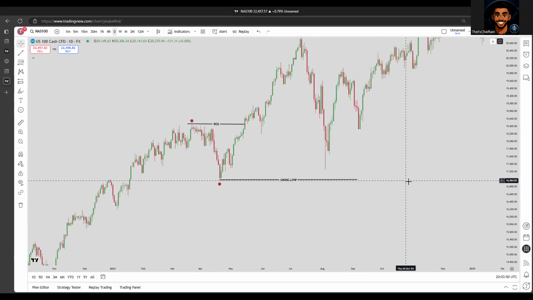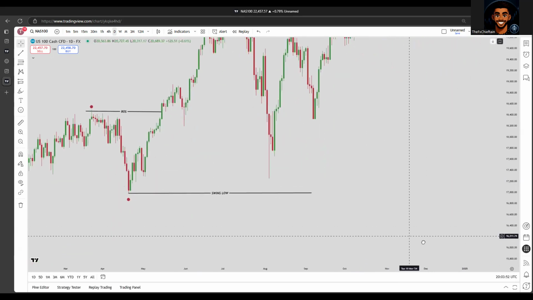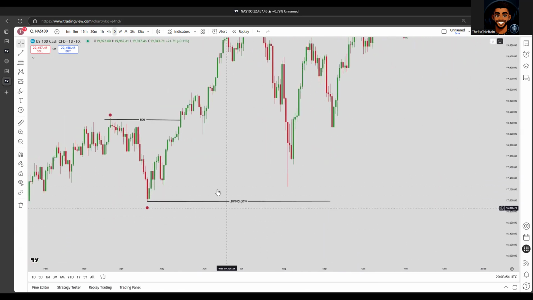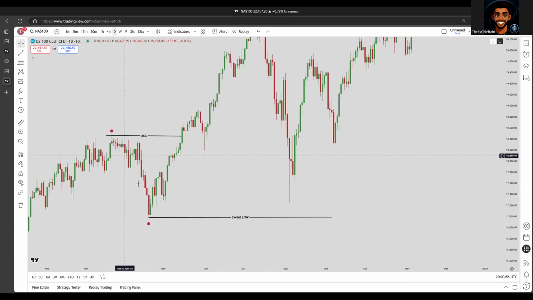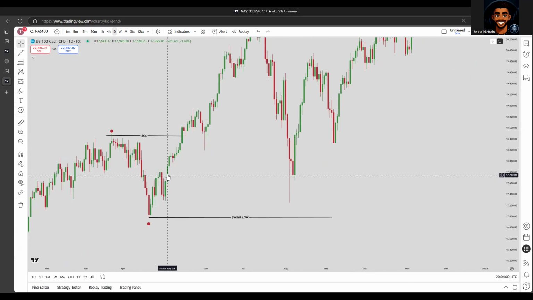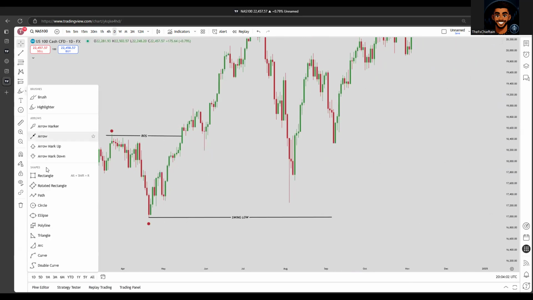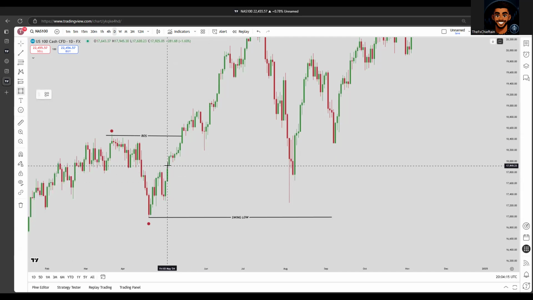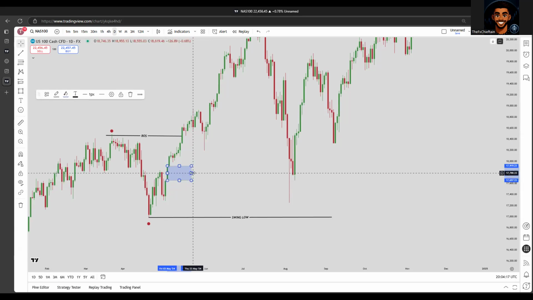So now you want to spot out your imbalance first, then dive deep into the reason. Now look at this market from this level to this level. At what point do we have an imbalance? At this point exactly, this one. Look at it. You can see that this is candle 1, candle 2, but this level and this one do not touch. There's a lot of fair value there. So just take a rectangle and mark out that area.